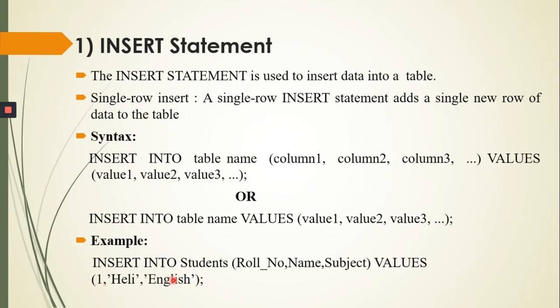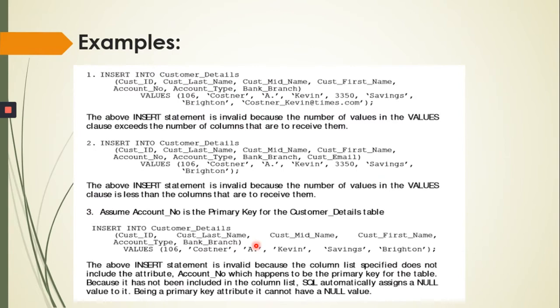Okay, so remember this, the total number of columns in the column clause must be the same as the total number of values, otherwise it will generate an invalid statement.